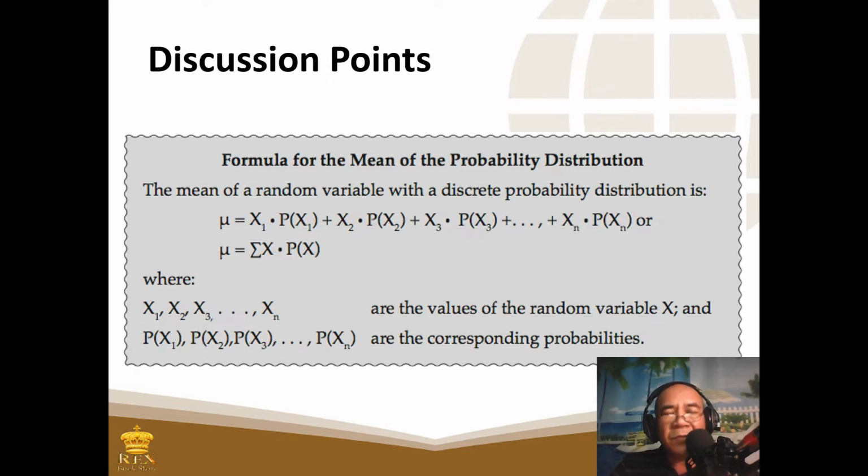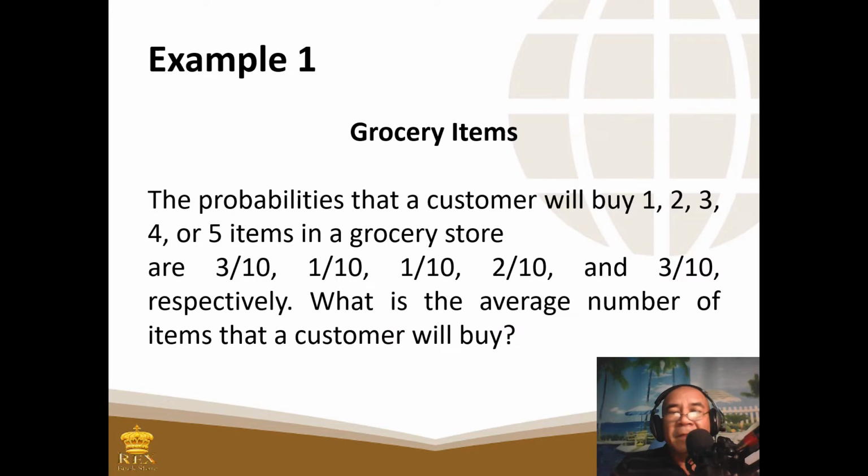So mu is equal to the summation of x times the probability of x, where x1, x2, x3, and so forth are the values of the random variable x, and p of x1, p of x2, p of x3 are the corresponding probabilities. Okay?